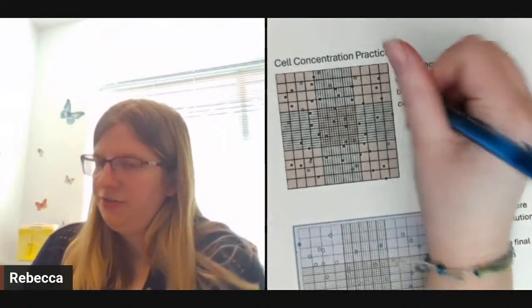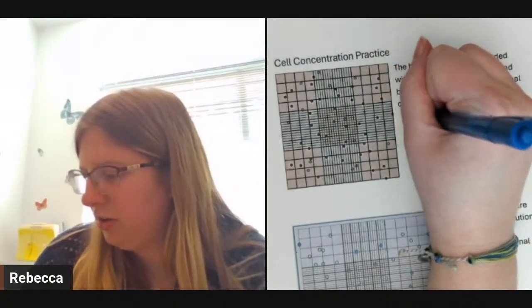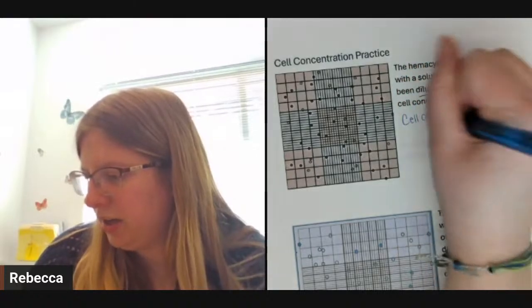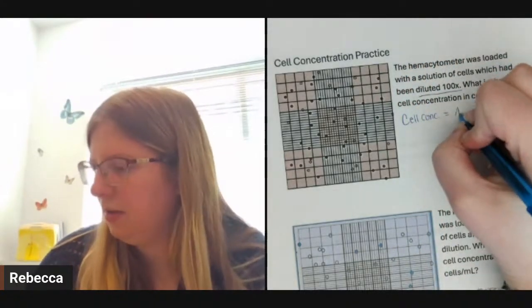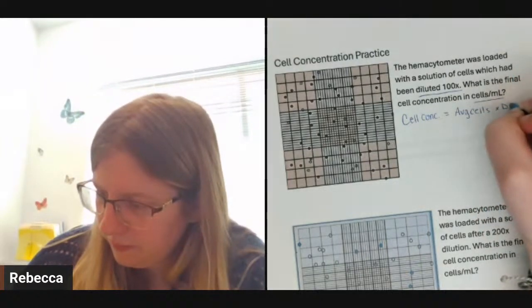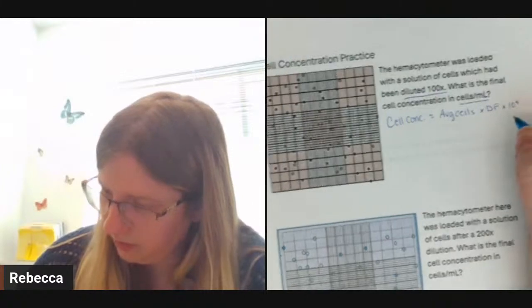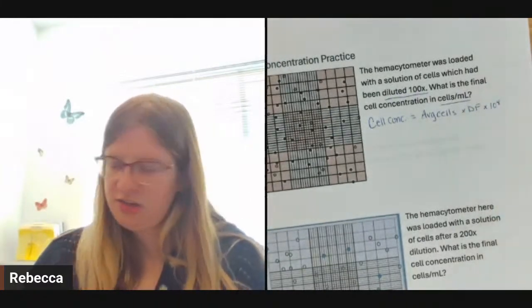So I know that I need to find an average number of cells. So I'm just going to shorthand concentration as CONC, right? Average cells times my dilution factor times 10 to the fourth. That 10 to the fourth will be true all the time.